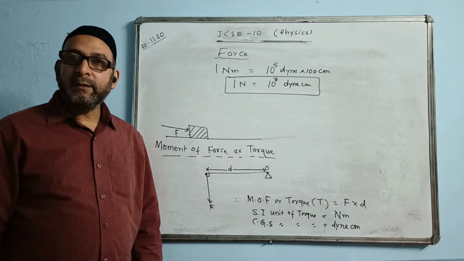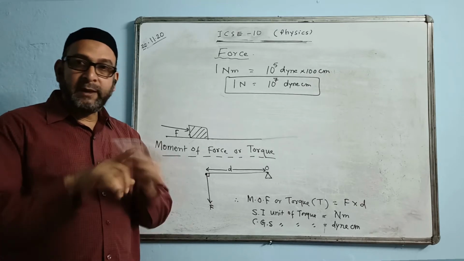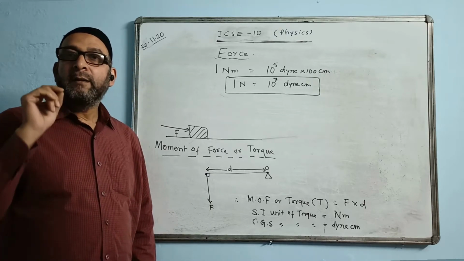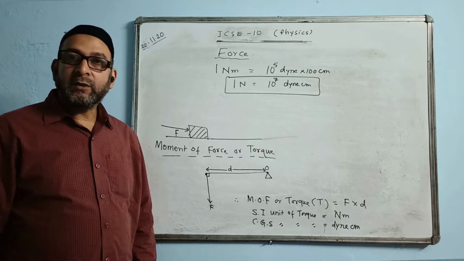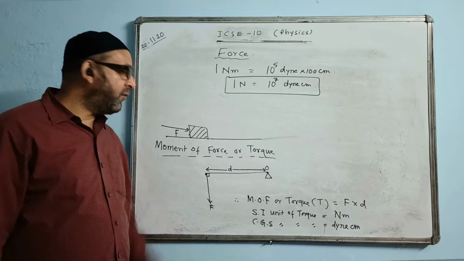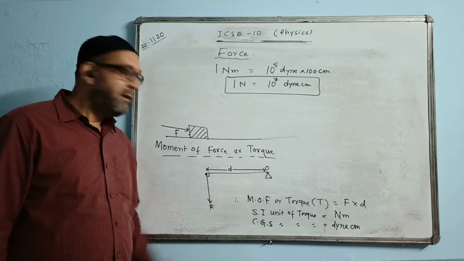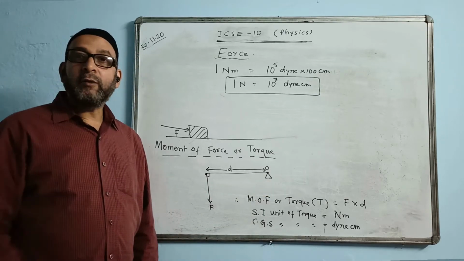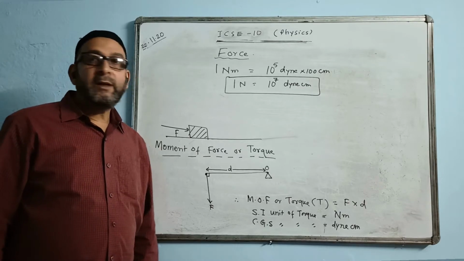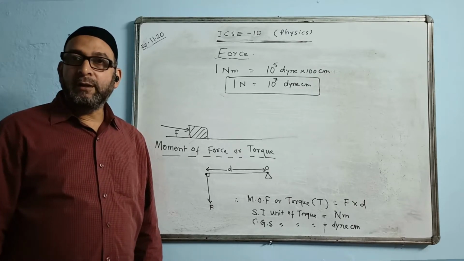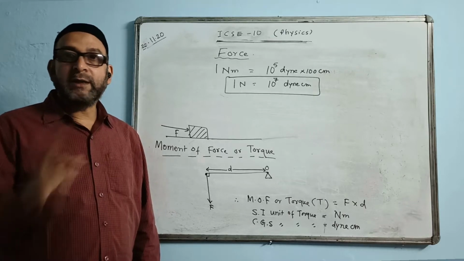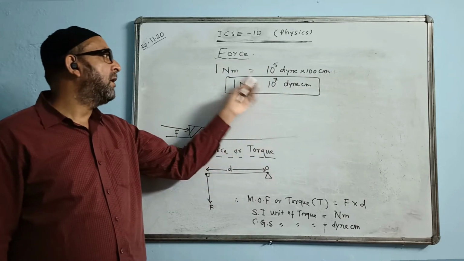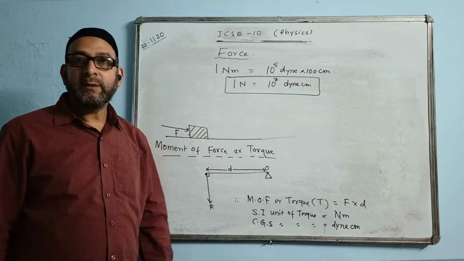It is measured by the product of the magnitude of the force and the perpendicular distance d of the line of action of force from the pivoted point. And the second question was, how is the SI unit related to its CGS unit? Then we have to write 1 Newton meter is 10 to the power of 7 dyne centimeter. Only you have to write this. You may not show how it comes.